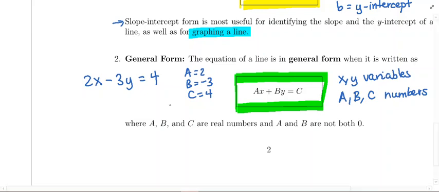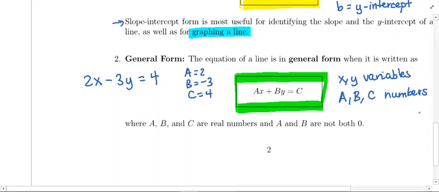Now I'm going to ask you something here. If your line were indeed what I've written down, 2x minus 3y is equal to 4, I want you to take a minute and identify the slope of this line. What do you think it is? Well, if you went ahead and told me 2, you are not correct.